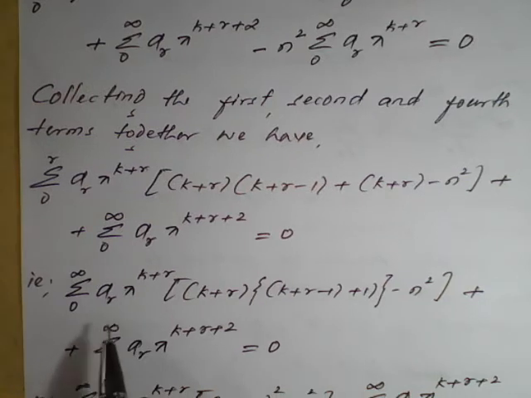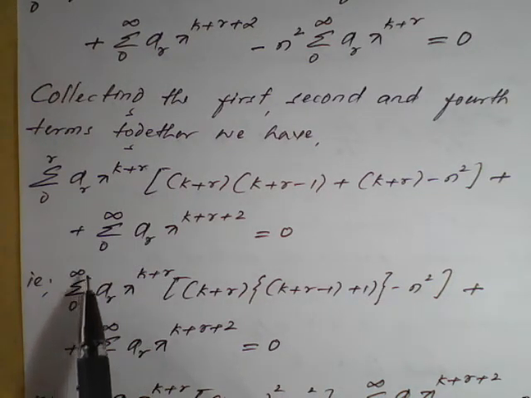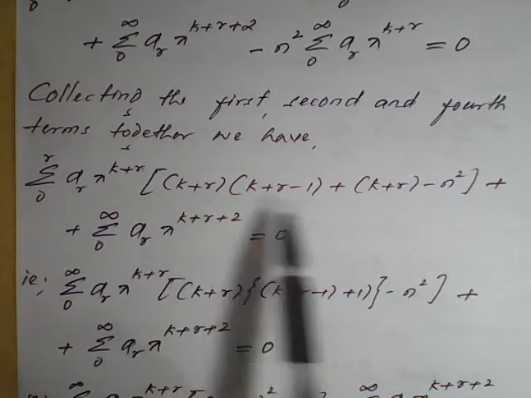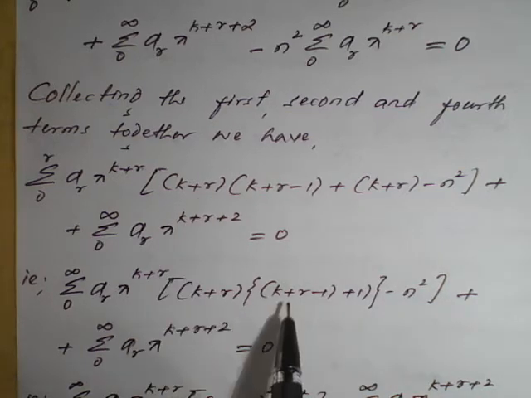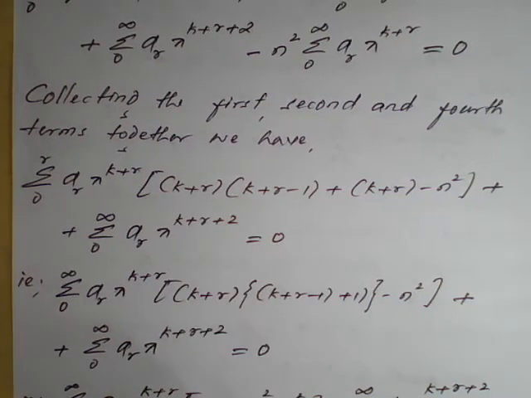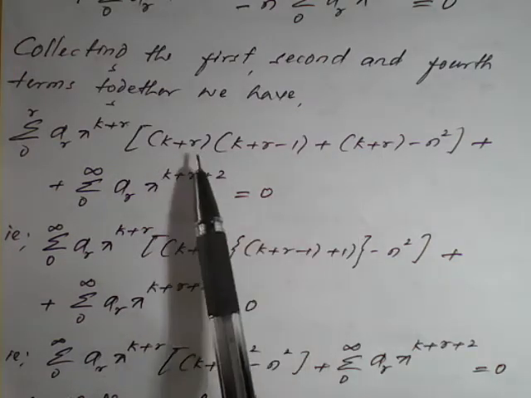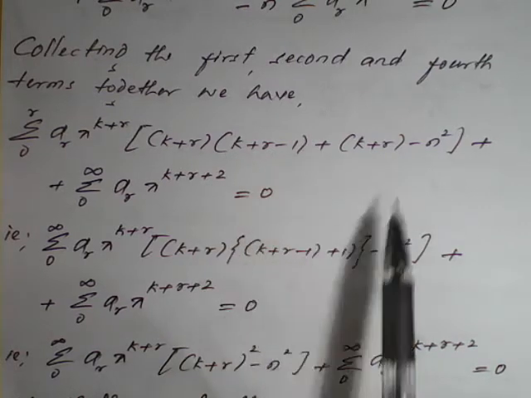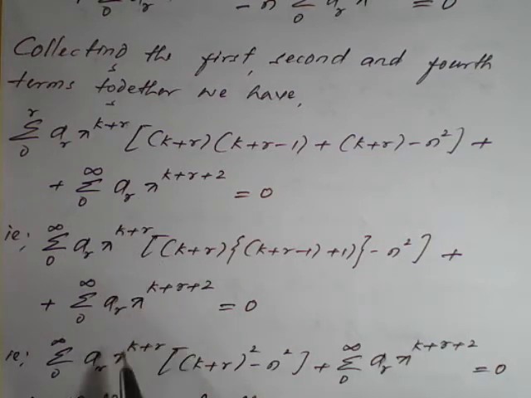Now again on simplification, summation 0 to infinity a_r x^(k+r). Open this bracket; among these two terms k+r is common, what is left is k+r-1+1 minus n square. And the third term is as it is, we will carry it.